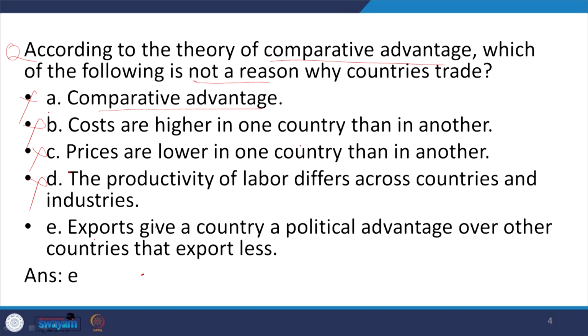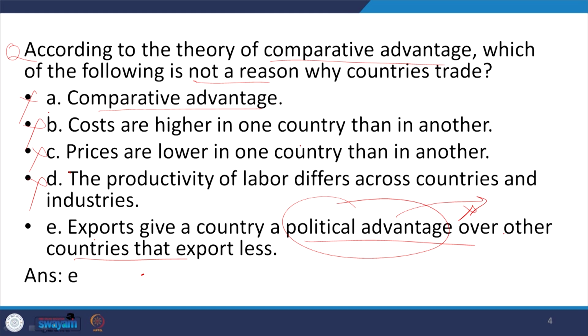Exports give a country a political advantage over other countries. So, political wise no such discussion has yet been mentioned in the classical approach, especially in comparative cost advantage. And that too, political advantage and its connection with productivity or with cost differences is not that linearly or easily understood.